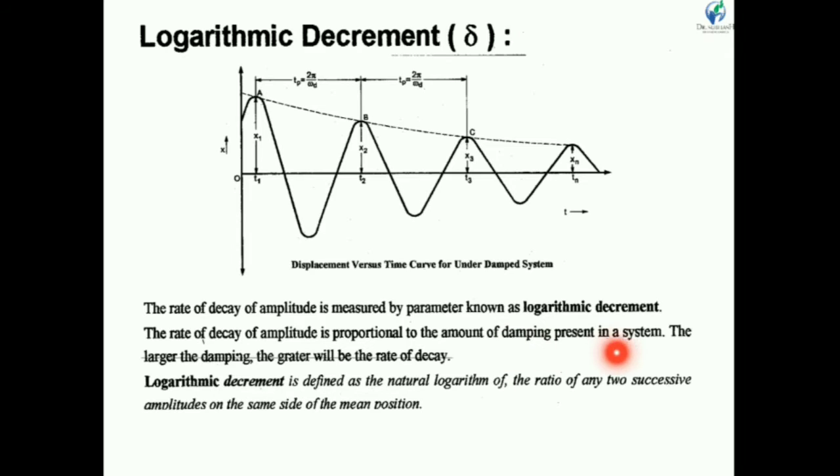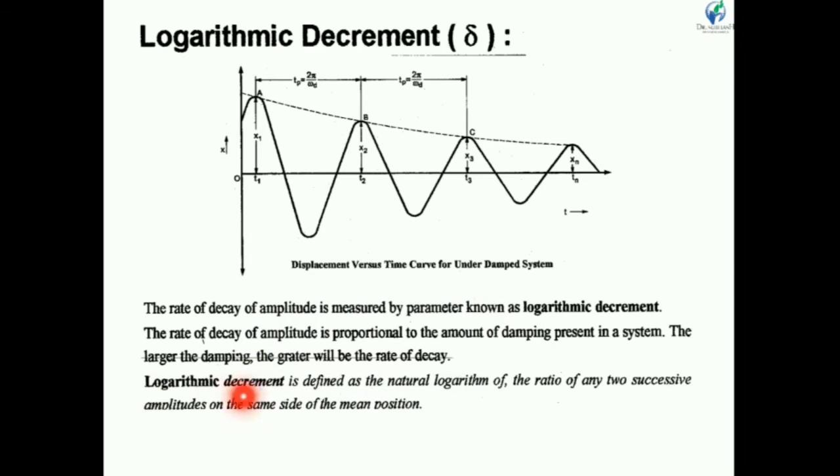So if a system has some damper present, the amplitude of vibration is continuously decreased, but the rate of decay of amplitude is proportional to the amount of damping present. Thus, the larger the damping, the greater the rate of decay. If damping is large, there is a large decrement in amplitude.